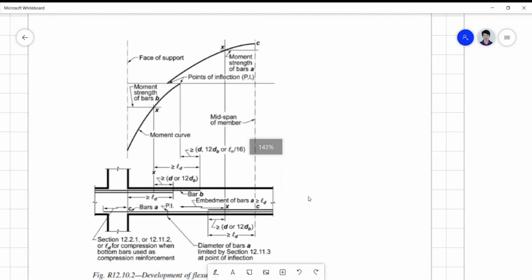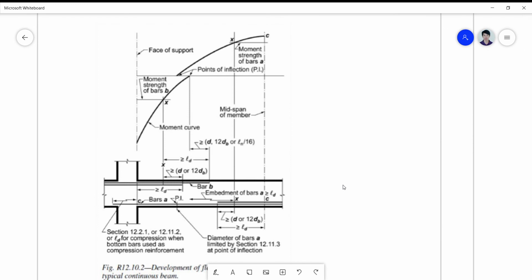If I have here a continuous beam wherein reinforcement are already placed, what I'm going to do is to take note of my points of inflection. Okay, so my points of inflection are not fixed. It can move from this point up to this point here.